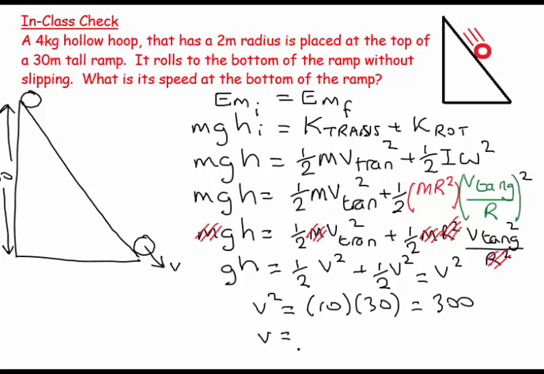So v is equal to the square root of 300, which equals, if my calculator helps me out here, 17.32 meters per second. Yeah, the square root plus or minus 17.32, but we're looking at a speed which is a magnitude, so that would be plus 17.32 meters per second.